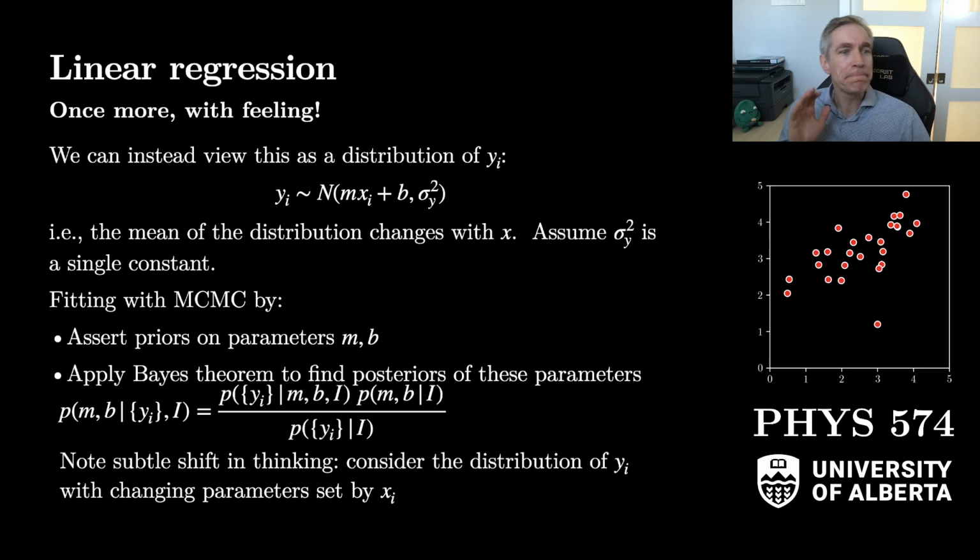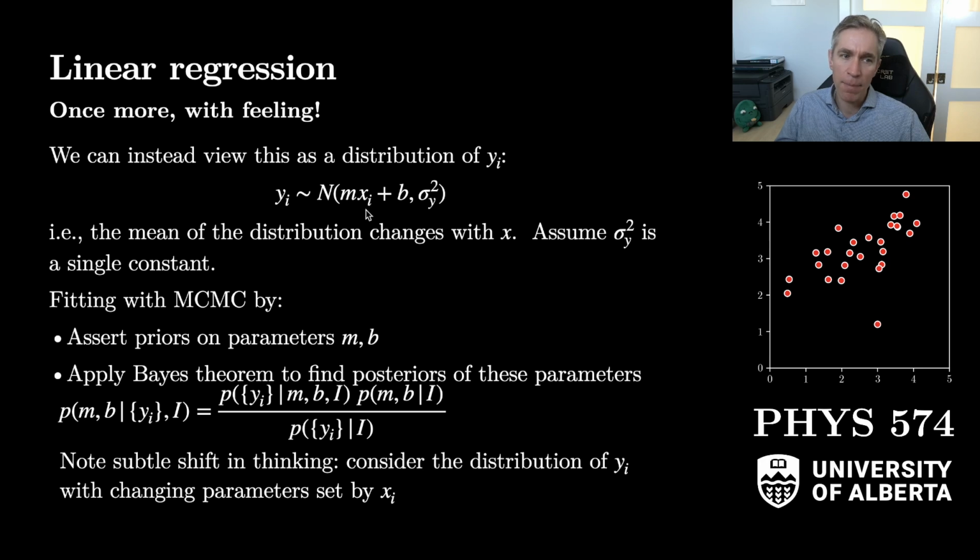And what better way to introduce the PyMC framework than to use the linear regression problem? In this case, we actually have to slightly rotate our thinking about 30 degrees for how we want to approach it. In our linear regression model, we say that there is some observed distribution of data y_i, and those data are distributed like a normal distribution with a mean that changes as a function of x.